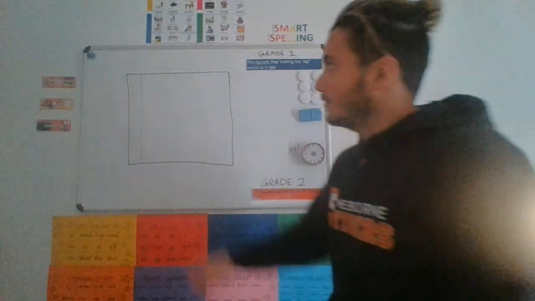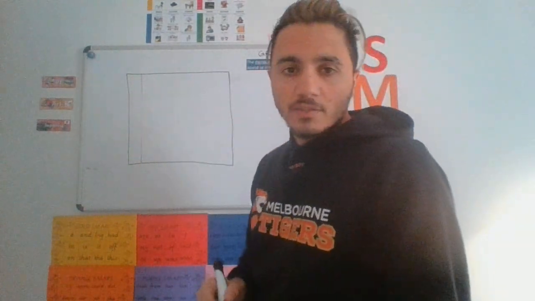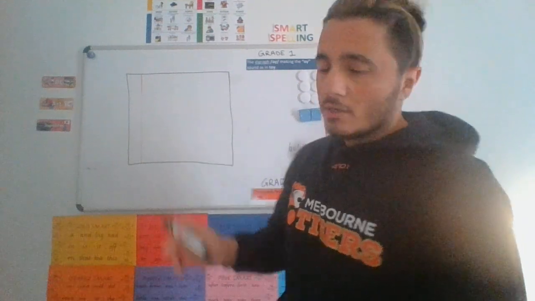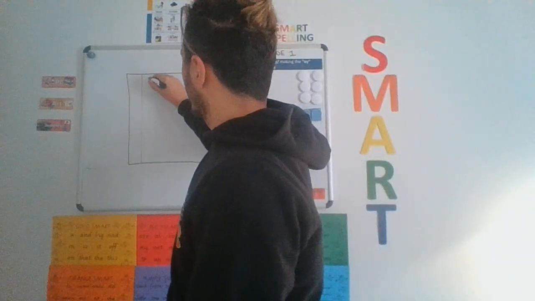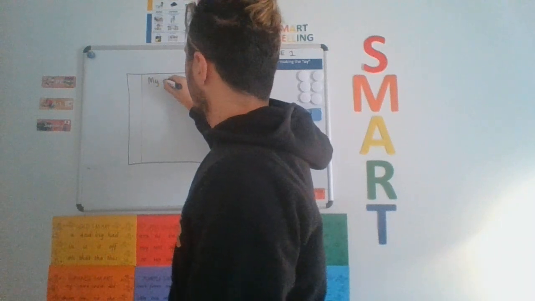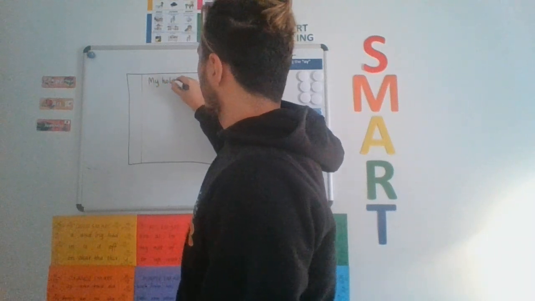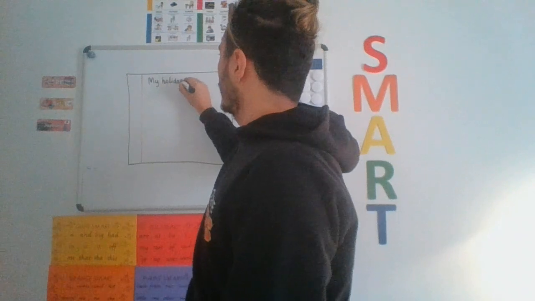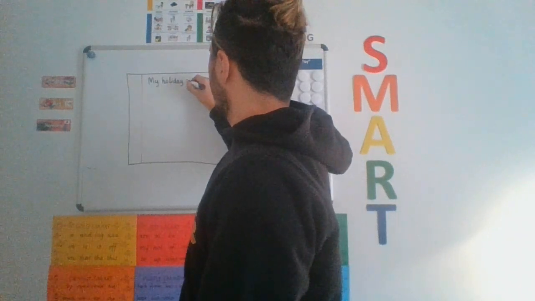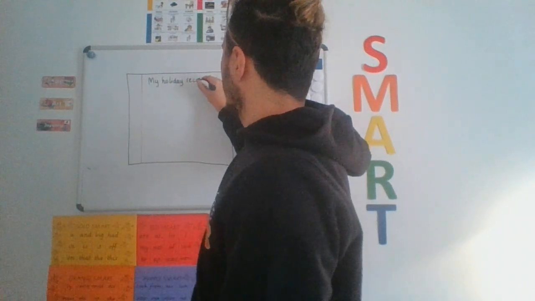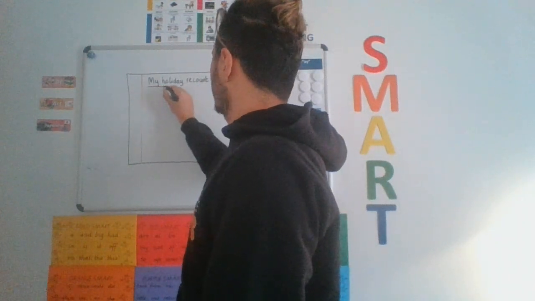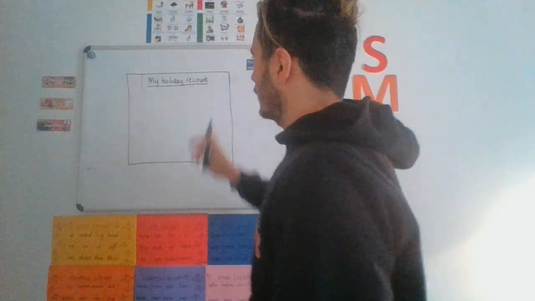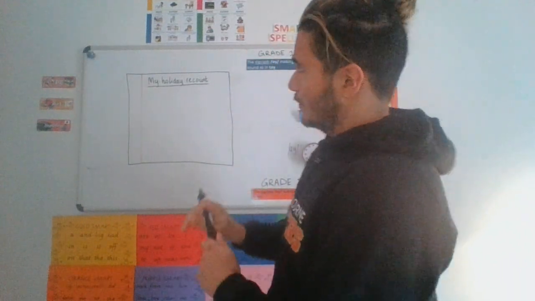We need to put the title as well, the title and the date. So the title is going to be My Holiday Recount. Underline your title, and you put the date as well.